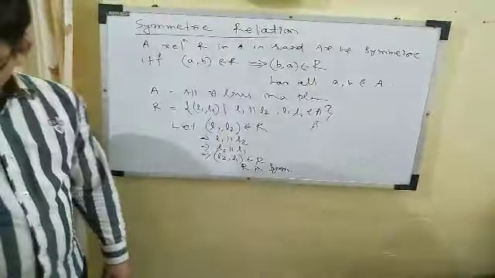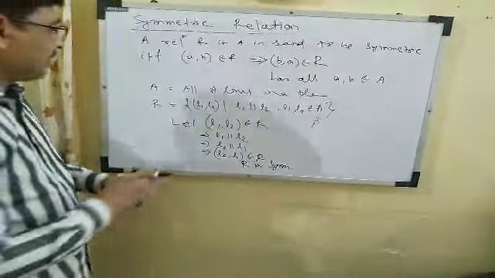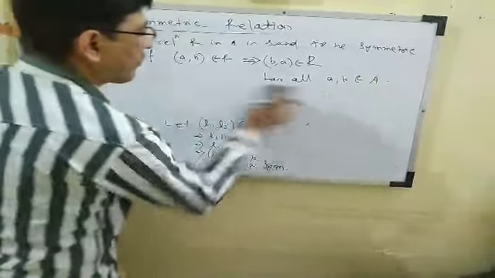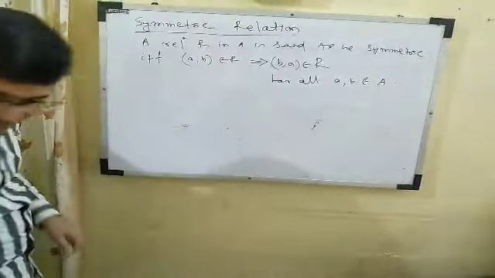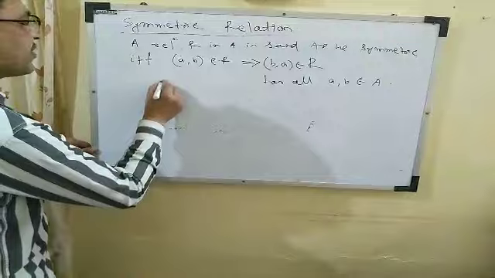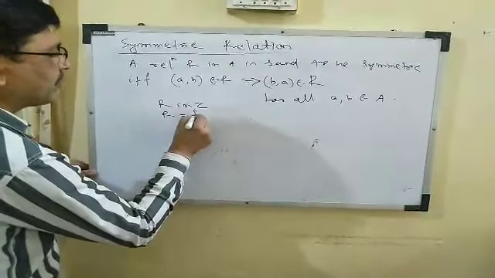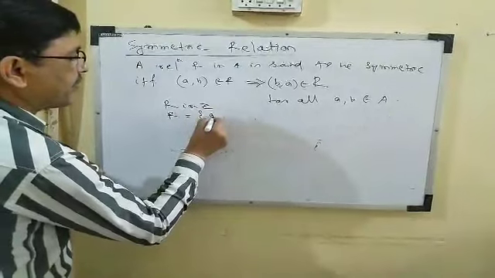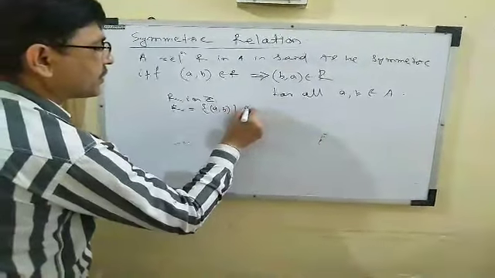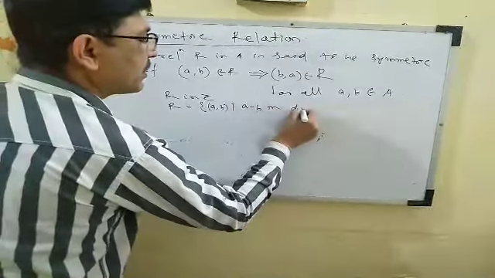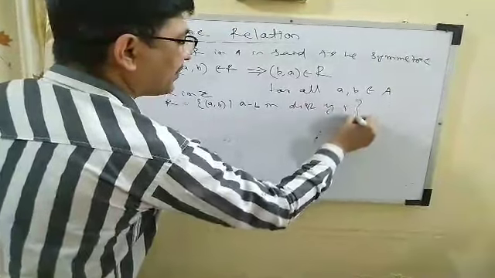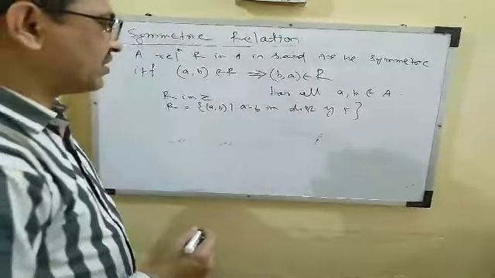In a similar way, we can take one more example. Suppose R is a relation in Z defined as R is the collection of all ordered pairs AB such that A minus B is divisible by 5. We have to check whether this relation is symmetric or not.